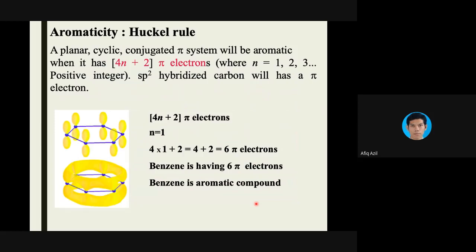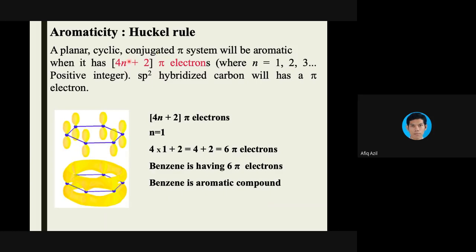to be aromatic. So Huckel rule said that a planar cyclic, okay, planar in one plane like benzene, cyclic conjugated pi system will be aromatic when it has 4n plus 2 pi electrons. If it does not fulfill this 4n plus 2 electrons, even though it is planar, cyclic, and conjugated, it won't be aromatic.